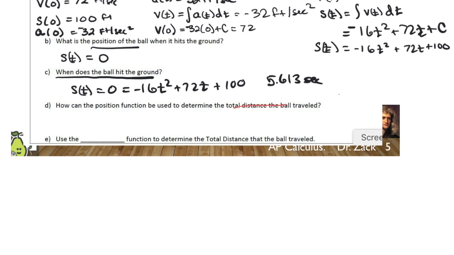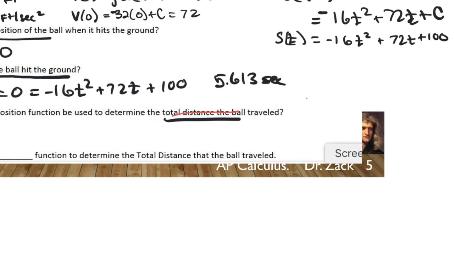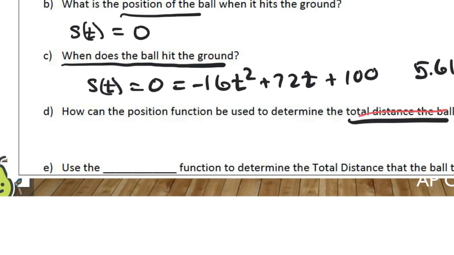So question D is asking, how can we use the position function to determine the total distance the ball traveled? Now remember, the ball goes up. So for your position function, take a look at your graph. You can find the maximum value of the graph occurs when you have the time 2.25 and the height is 181.